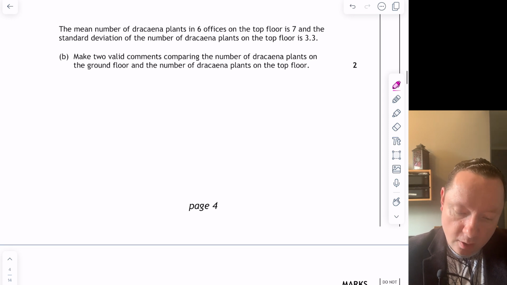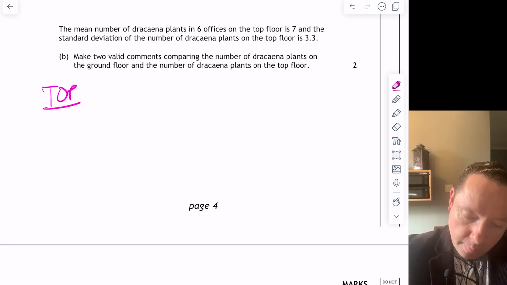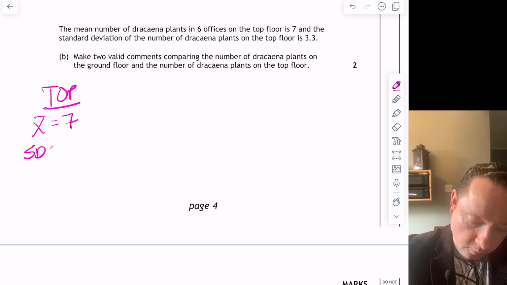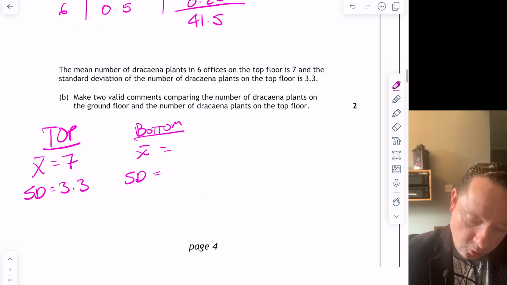The number of Dracaena plants in the 6 offices on the top floor has a mean of 7, so x bar equals 7, and the standard deviation of the top floor is 3.3. On the bottom floor, remember, our mean was 5.5 and our standard deviation 2.88.